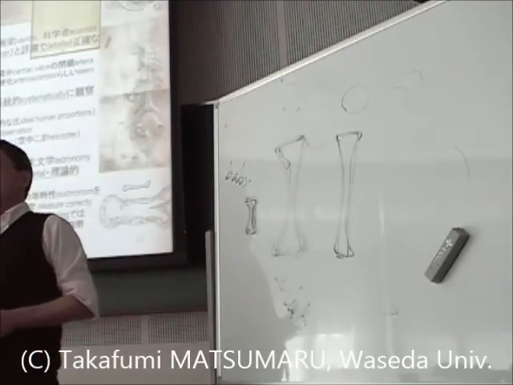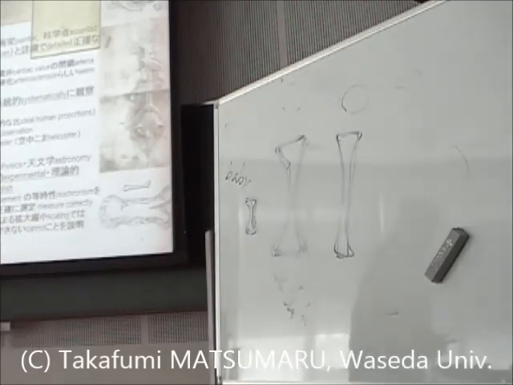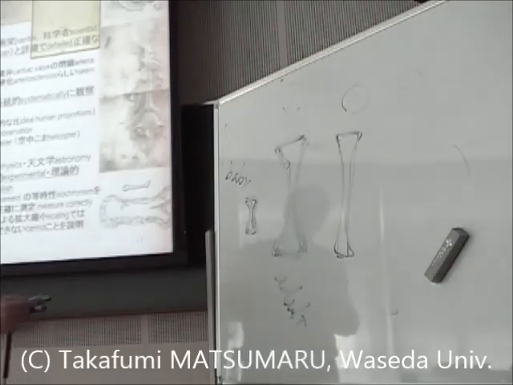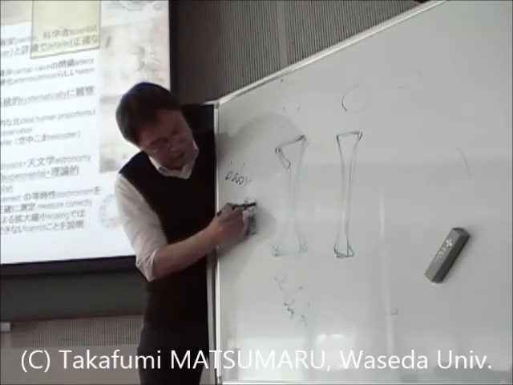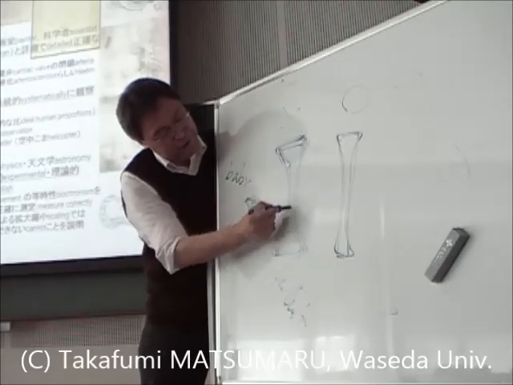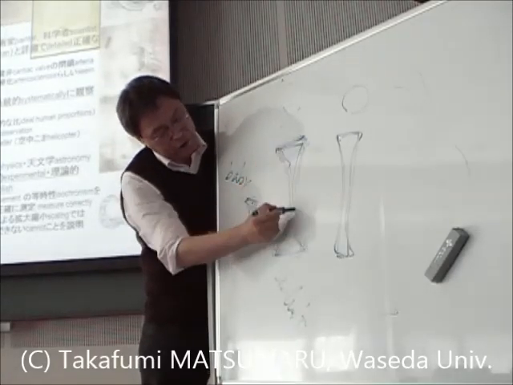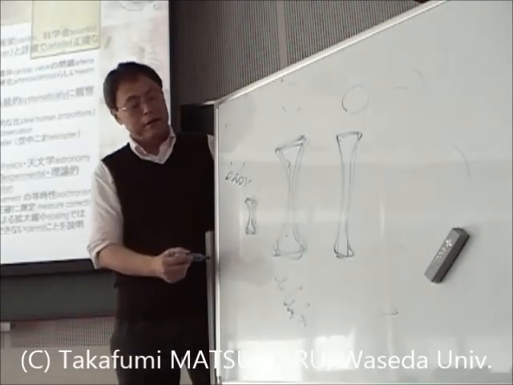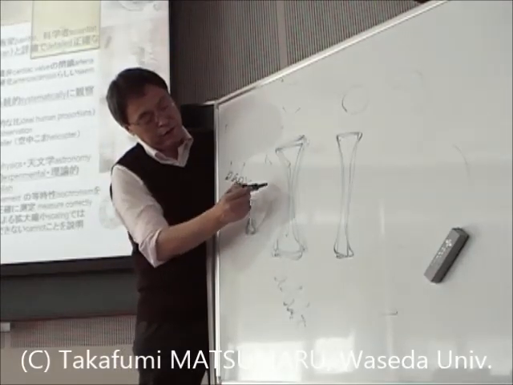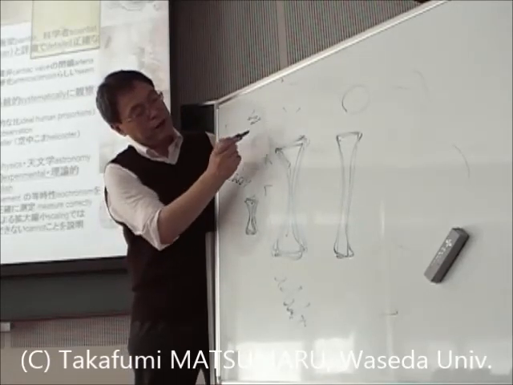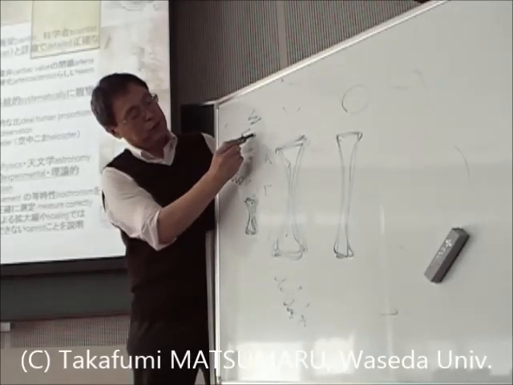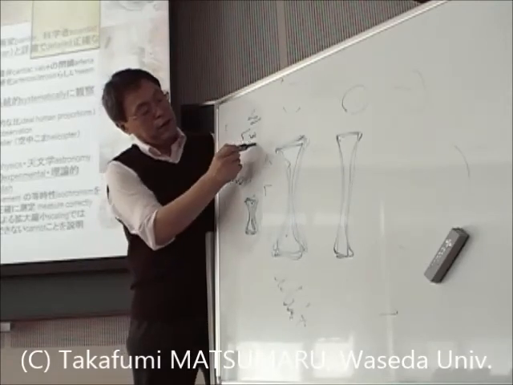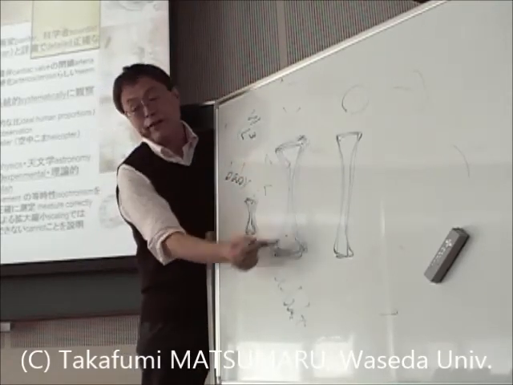Why is that? How optimal? Light and strong. Right. If it is the same thickness, the weight will become larger, because the size is L but the weight goes as L cubed, third power increasing.